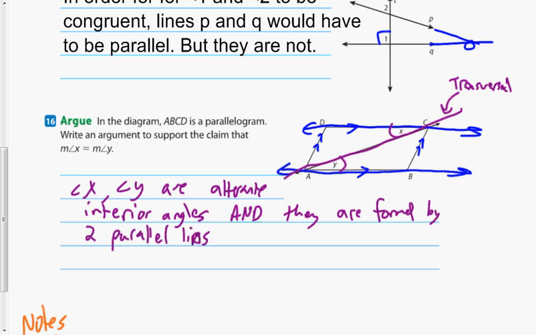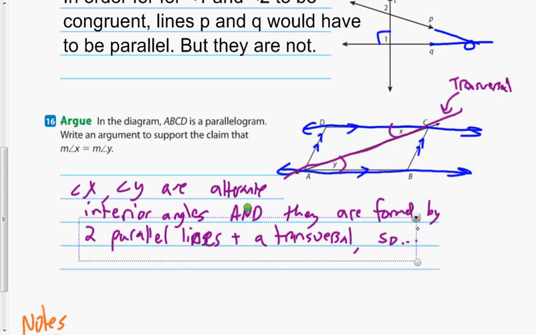Whoops, lines, not lies. So angle X would be congruent to angle Y, or their measures would be equal.